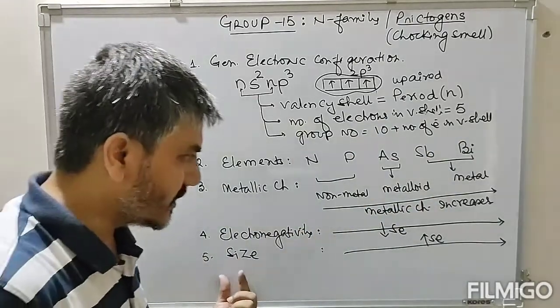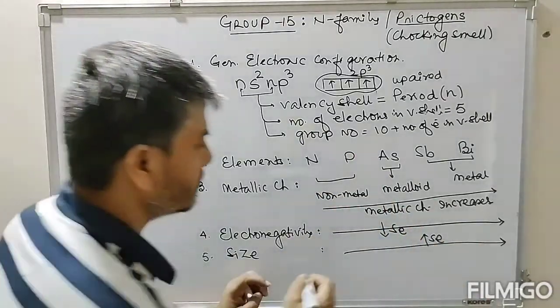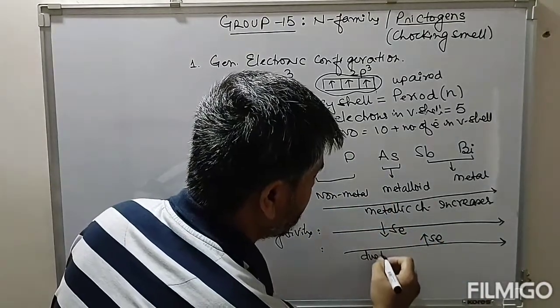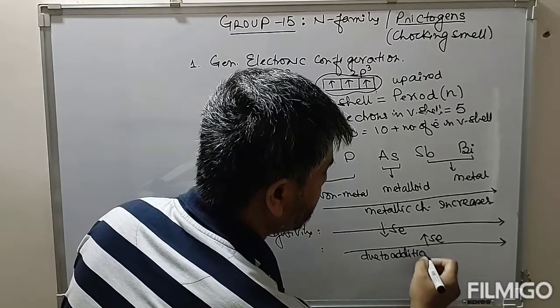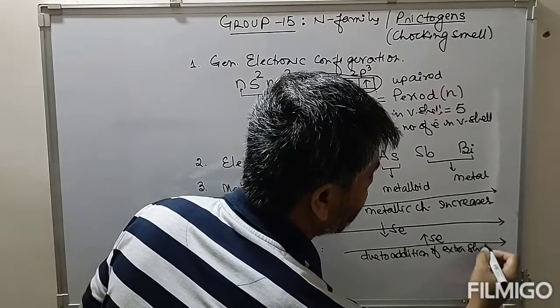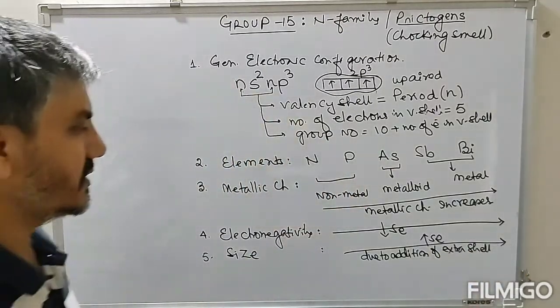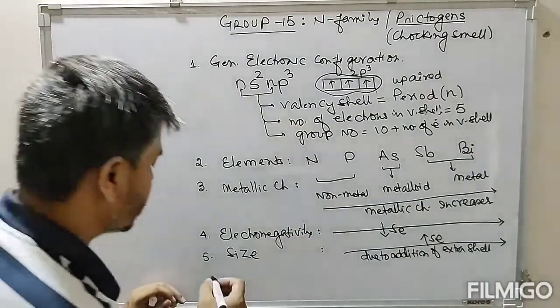As I told you, the increase in size is due to addition of an extra shell. So as the number of shells increases, the size of these elements also increases.